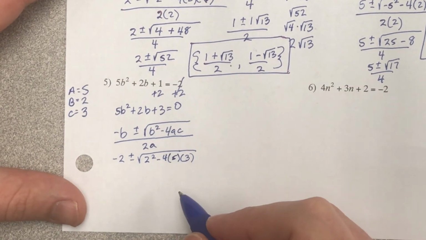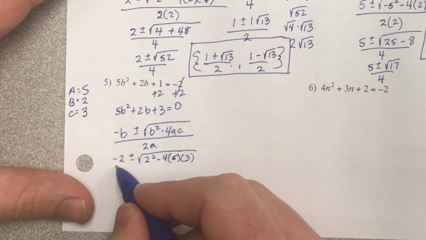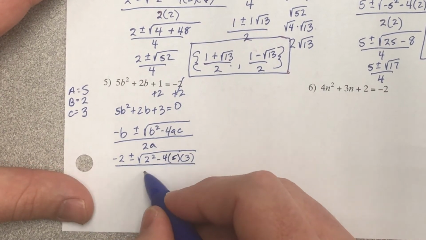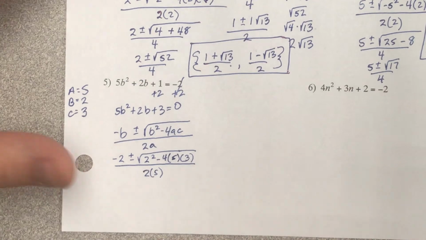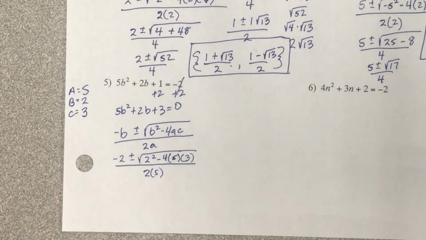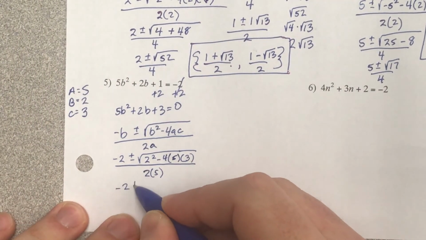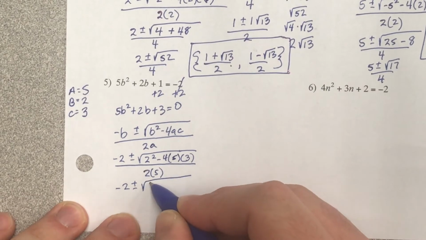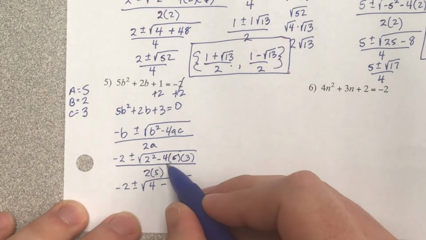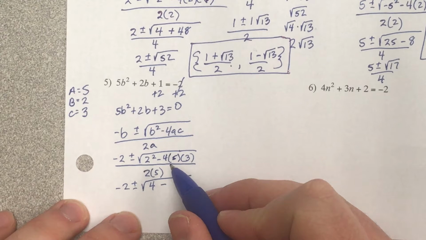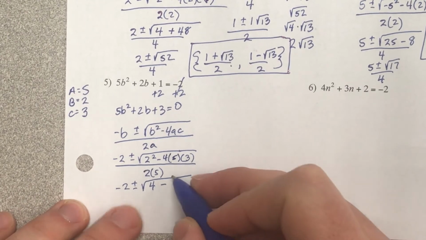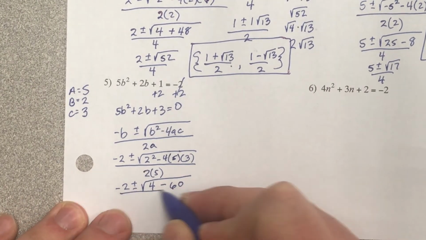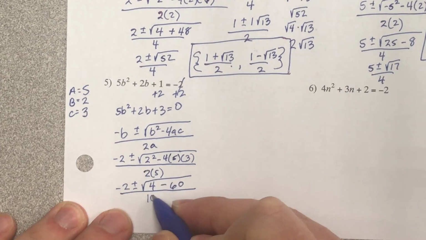Once we're there, we can then say 2 times A, so 2 times 5 is 10. And then we got negative 2 plus or minus the square root of 4 minus 4 times 5 is 20. 20 times 3 is 60. So 4 minus 60 all over 2 times 5, which is 10.